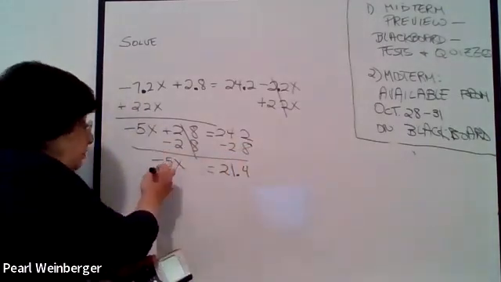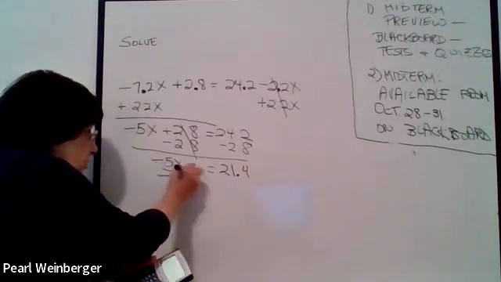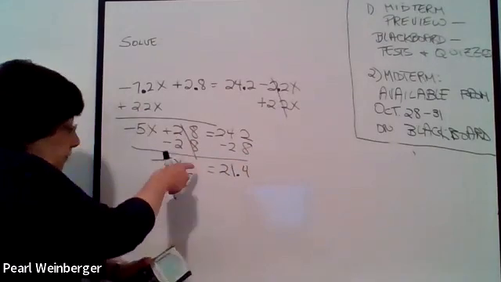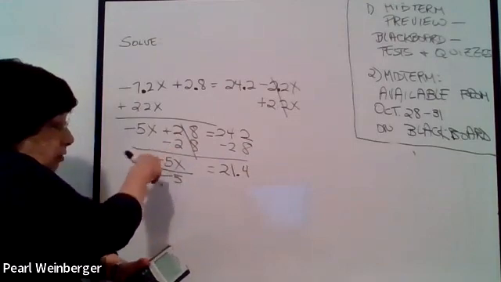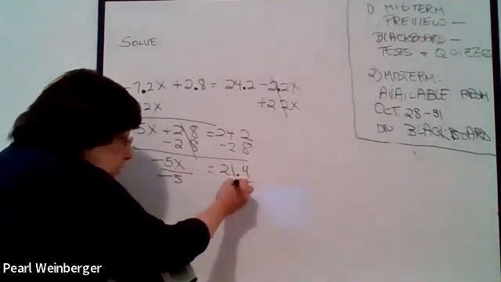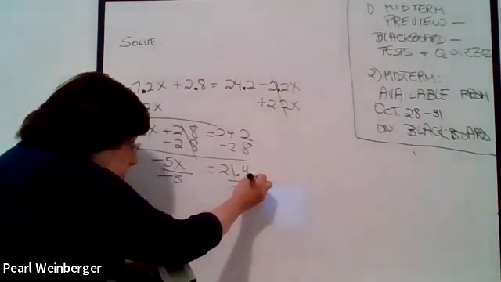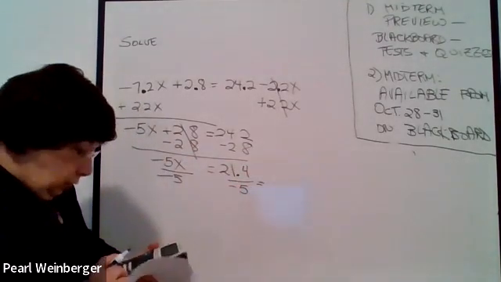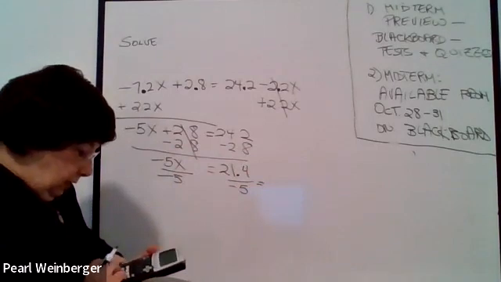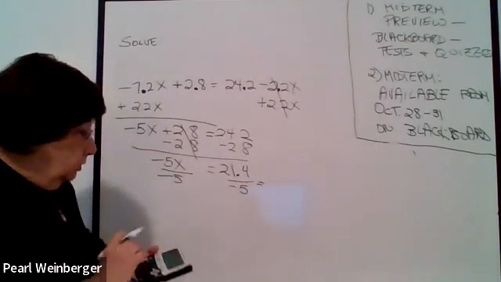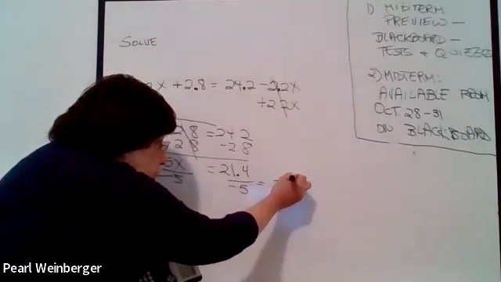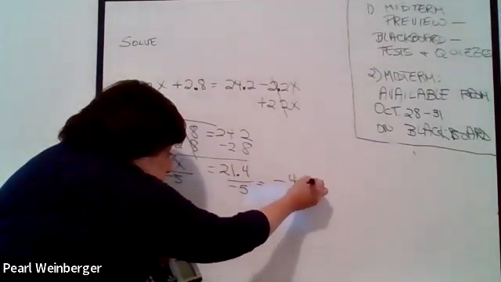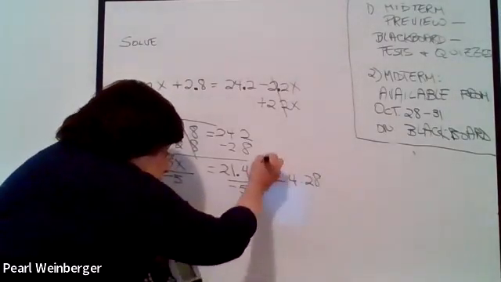And now I have to divide by -5, because in front I divide by the coefficient of the x, so I'm going to divide this by -5 as well. So I have 21.4 divided by -5, which gives me -4.28. And that's the answer you should have gotten.